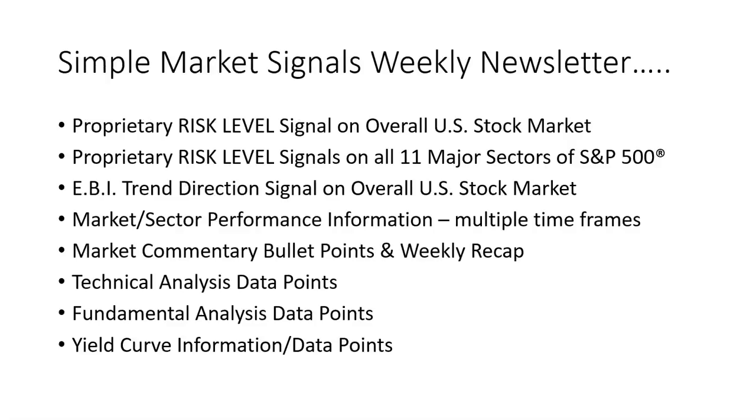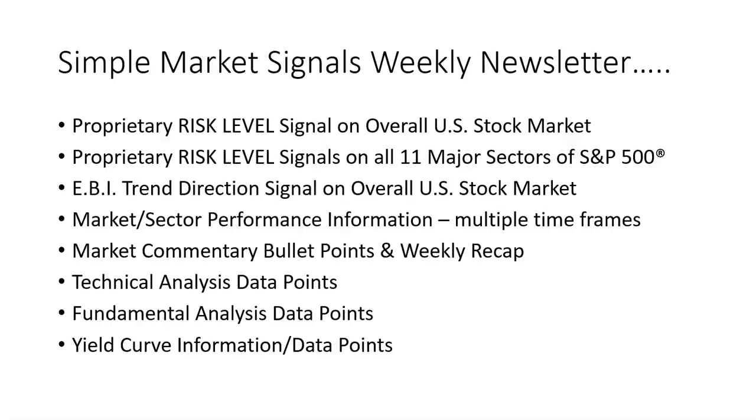The way we disseminate the signals to our subscribers is via our weekly emailed newsletter. So within the newsletter, every weekend, you will receive the proprietary risk level signal on the overall U.S. stock market. You will also receive the proprietary risk level signal on all 11 major sectors of the S&P 500. You will also receive the early bird indicator, the trend direction signal on the overall U.S. stock market.